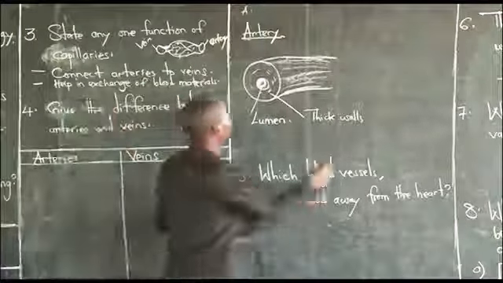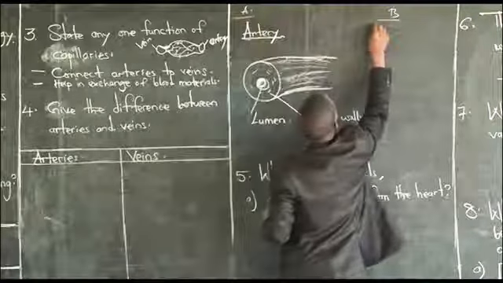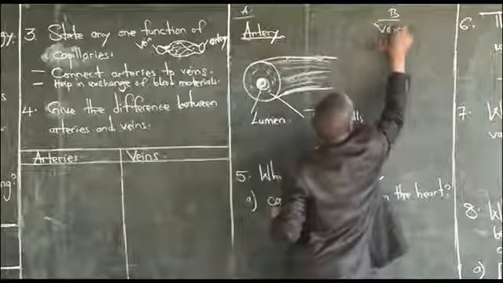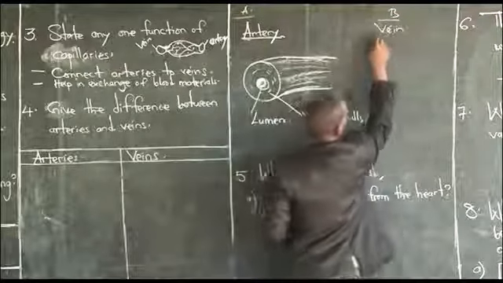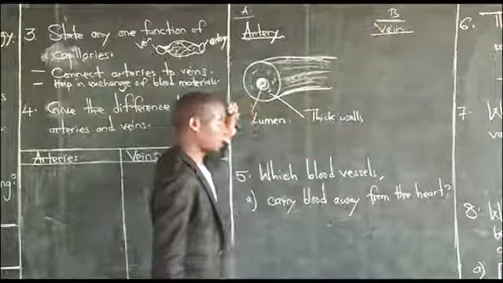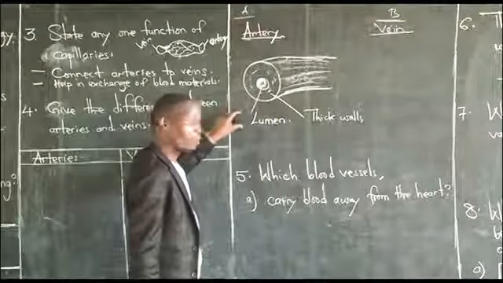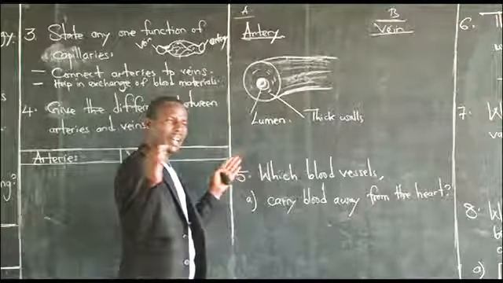So if you have B here, a vein. Drawing a vein, for a vein you find it's going to be the opposite. If arteries have a narrow lumen, veins will have a wide lumen.